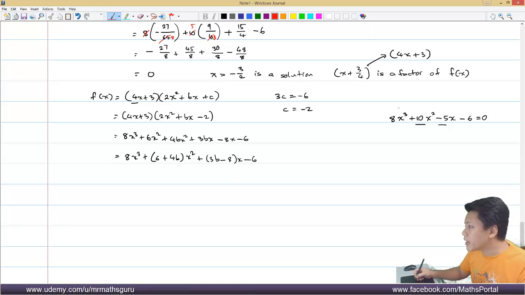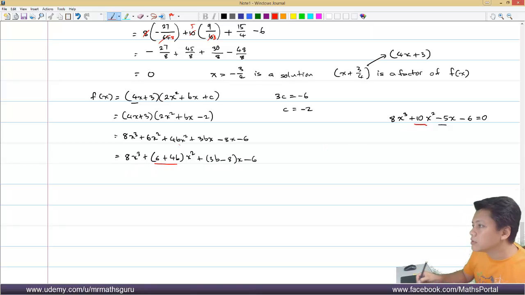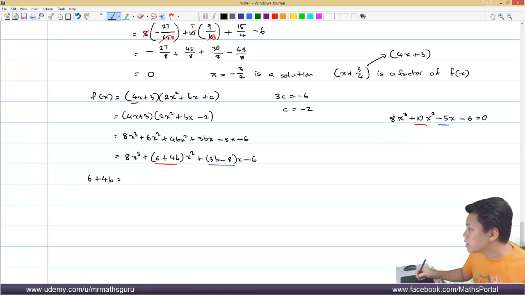Now, what we want to compare is either coefficient of x squared against this, or coefficient of x, which is minus 5, against this. Let's pick up any of them, will be fine. I pick up the coefficient of x squared. So 6 plus 4b is equal to 10.